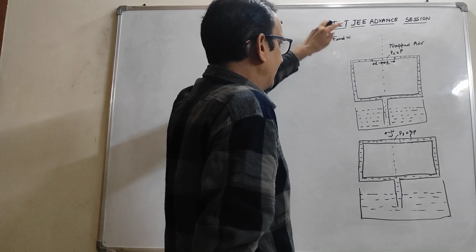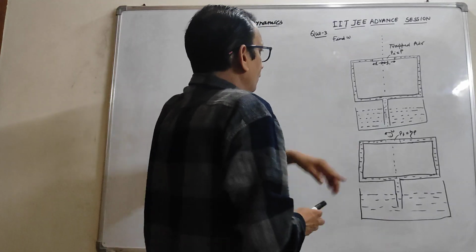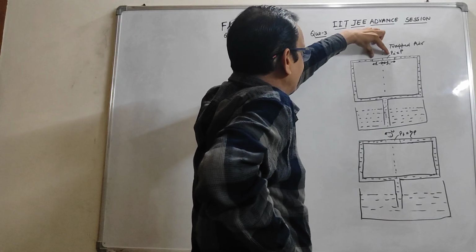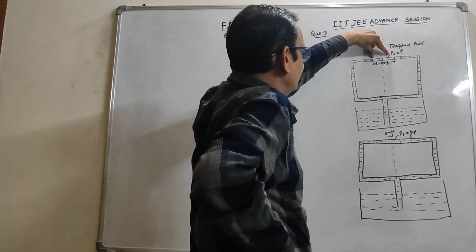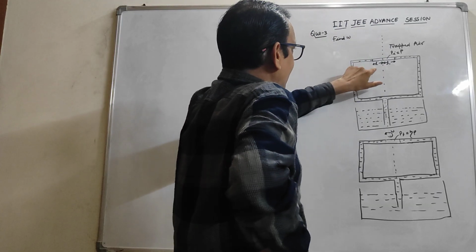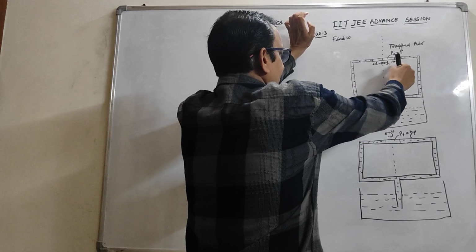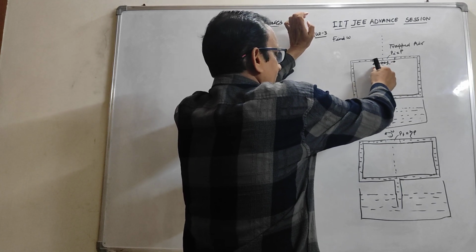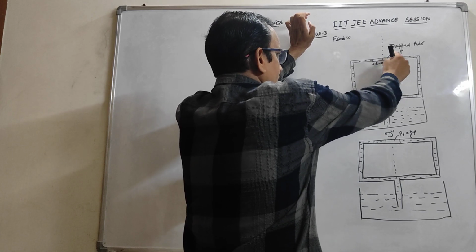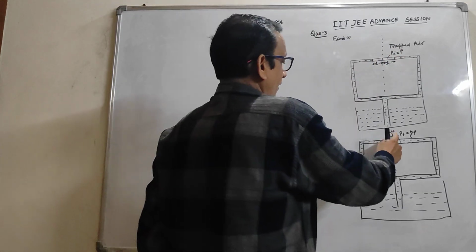In this rectangular glass tube, initially it is at rest. Here air is trapped, the initial pressure of the air is P, and the trapped region is 2L, L from the vertical axis and L from this vertical axis. So the trapped air pressure is P here.